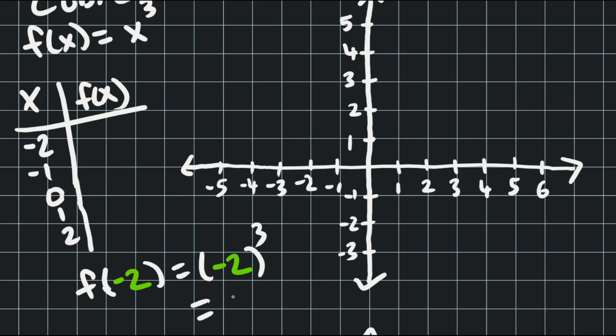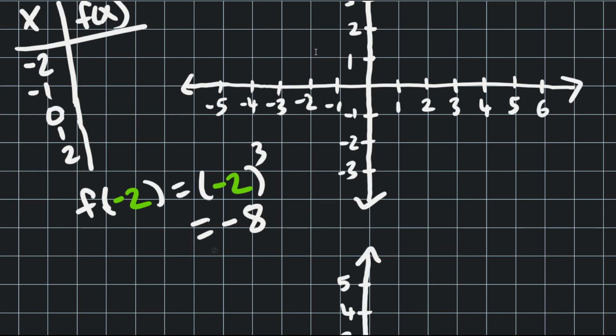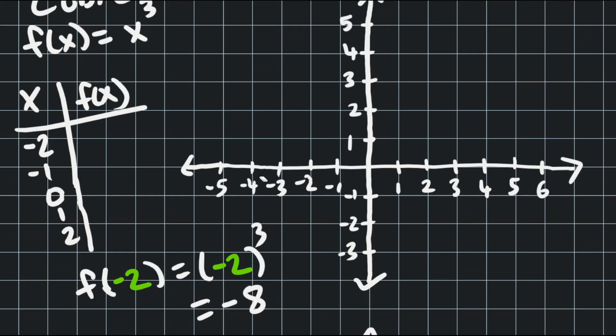And -2 cubed is actually -8 because it's -2 times -2 times -2. What's -2 times -2? That is +4. And what's 4 times -2? That is -8. So -2 cubed is -8. So we have -8 here.